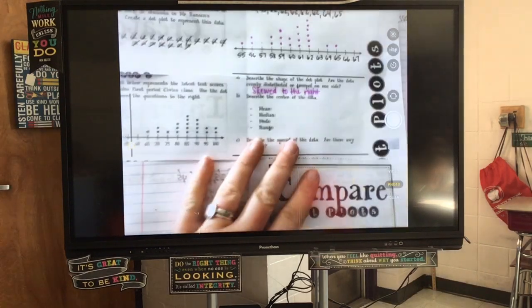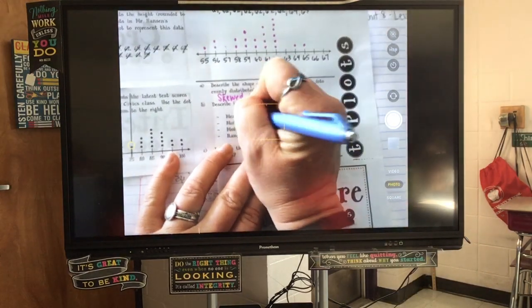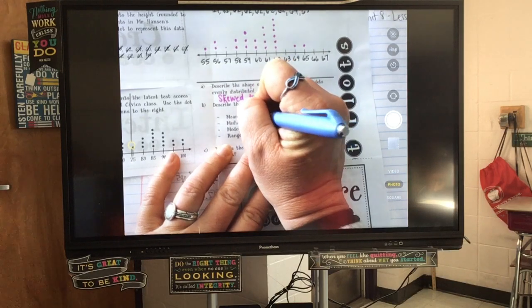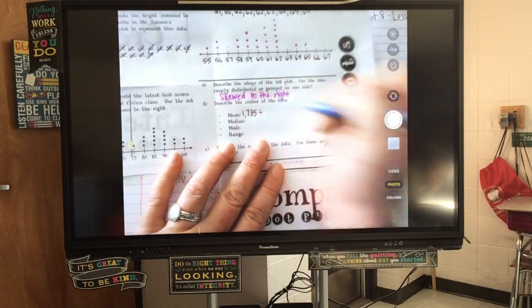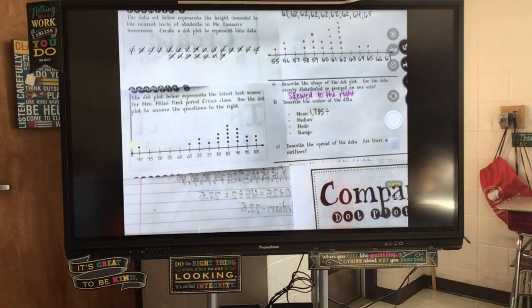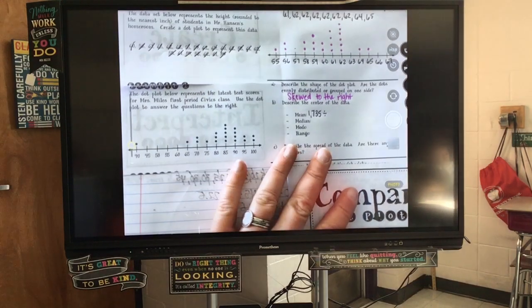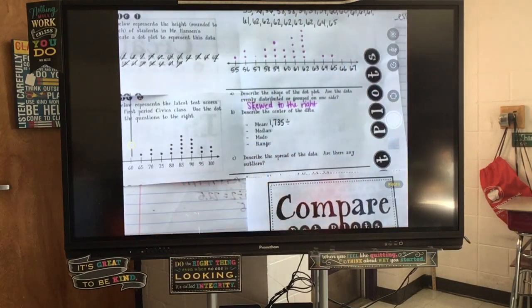When we add all these together, you get 1,735. Someone please count the number of dots we have, and then raise your hand and let me know. Alright, Ramon? 21.